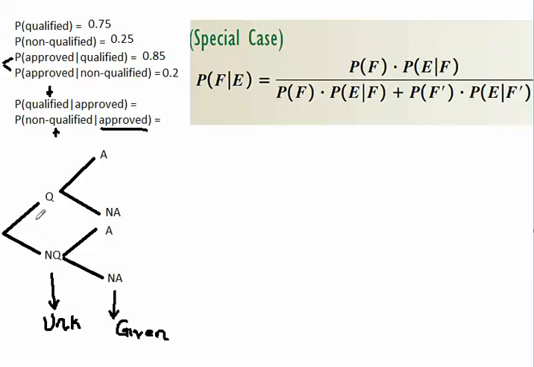Okay, on each branch of the binary tree, we have to put the probabilities. So we know that the probability for a person to be qualified is 0.75. The probability for a person to be non-qualified is the rest, 0.25.